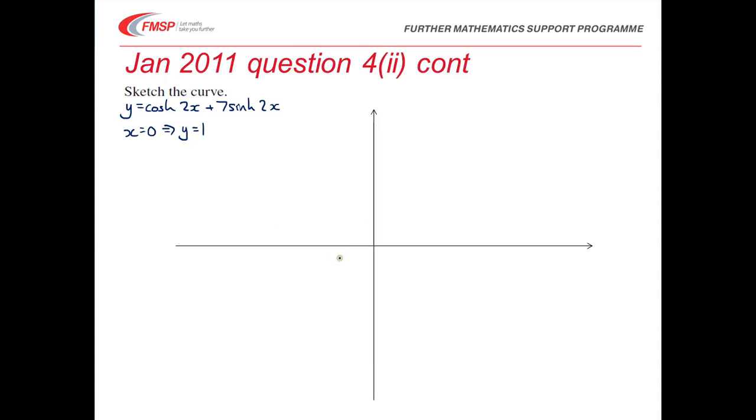The sinh term is going to take over from the cosh term because there's 7 of them, so it's going to look something like this, going through the point 1.